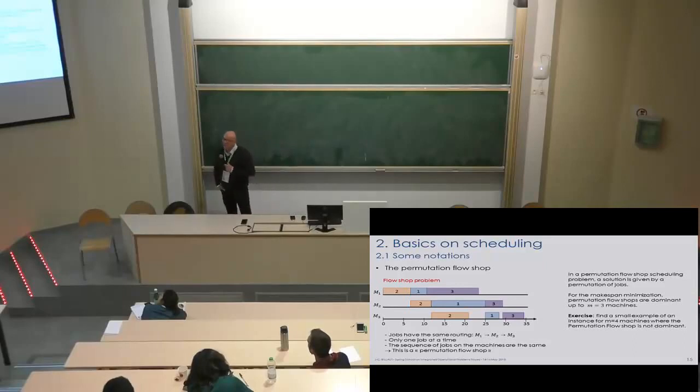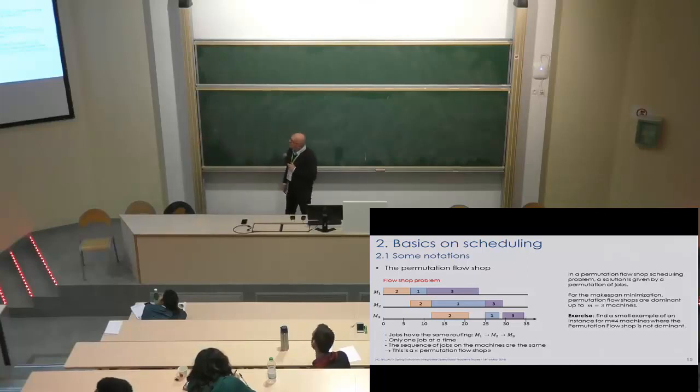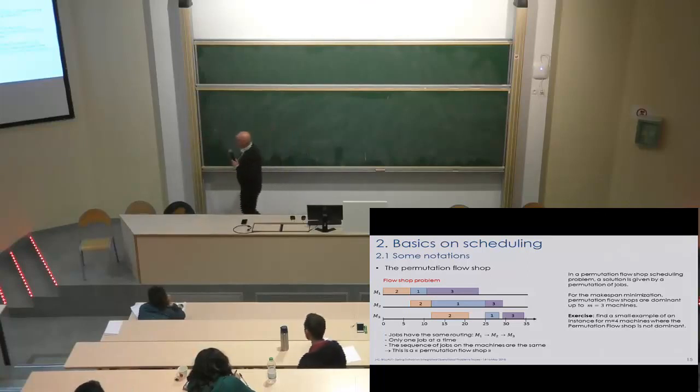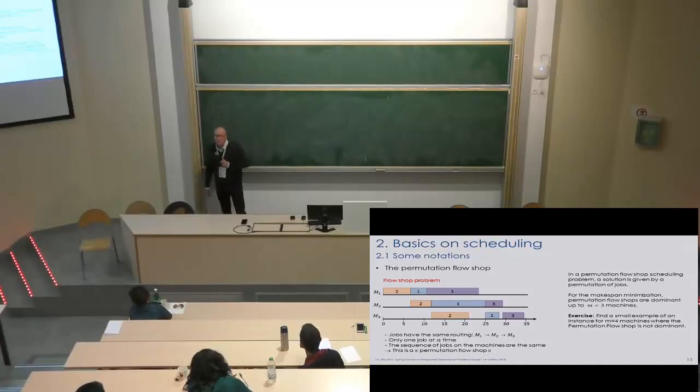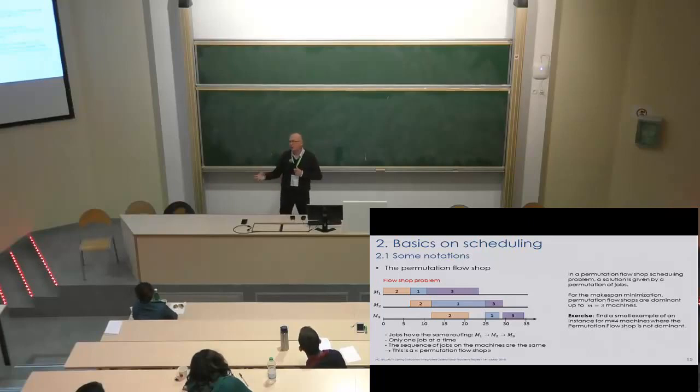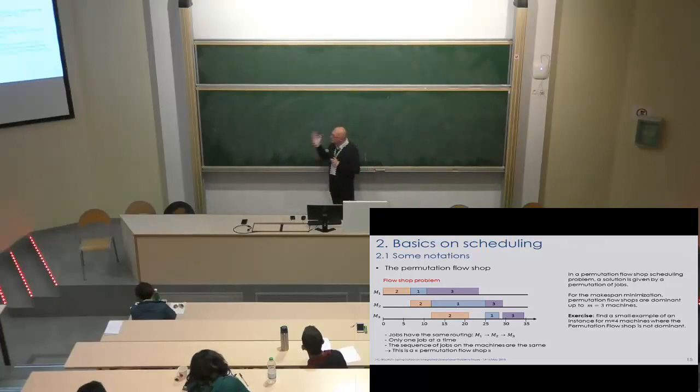And we know that for makespan minimization, so if we want a schedule that completes as soon as possible, this sort of flow shop is dominant up to 3 machines. It means that if we have a flow shop with 3 machines, we can focus on permutation flow shops, and we are sure that if we obtain an optimal solution, it is optimal over any schedule.